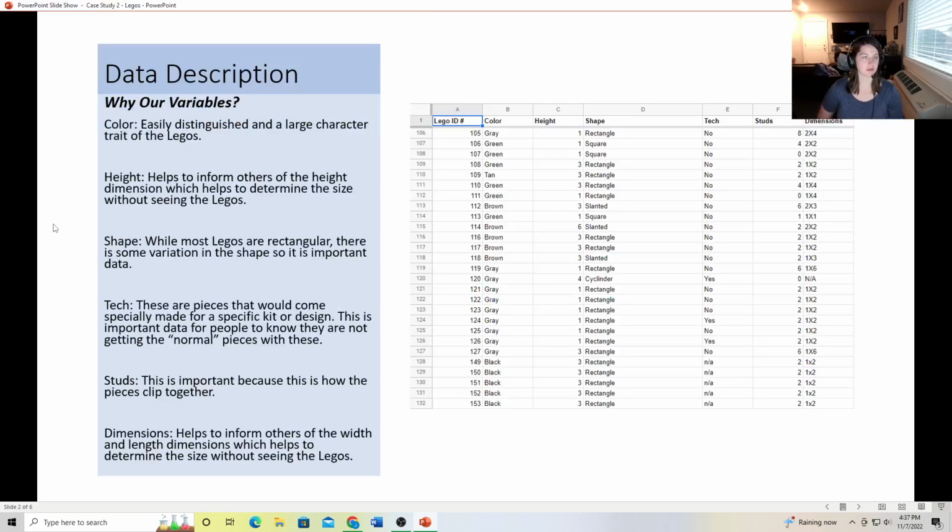So the data description: we chose some very specific variables to describe the Legos to start plotting the data.